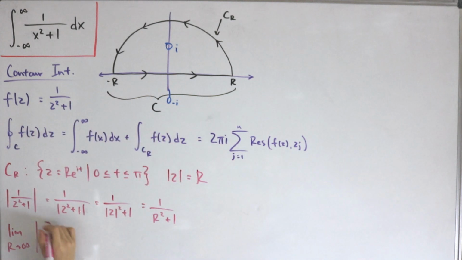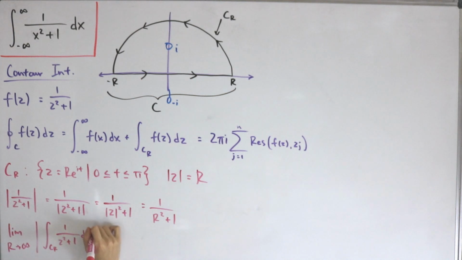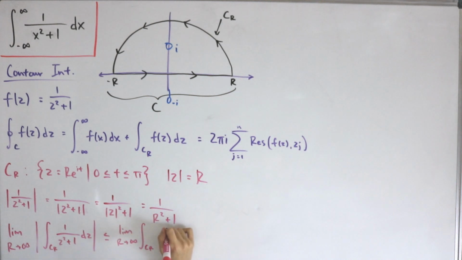So the integral over C sub R of 1 divided by z squared plus 1 dz. I can create this upper bound, so it's less than or equal to the limit as R approaches infinity of the integral over C sub R of the absolute value of the integrand, 1 divided by z squared plus 1, dz.